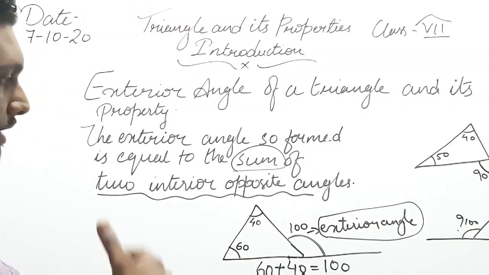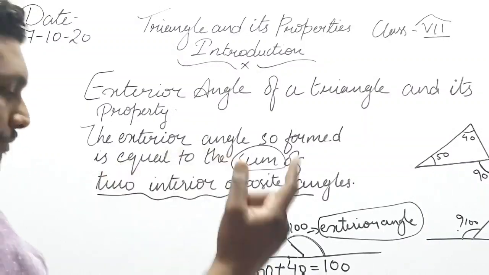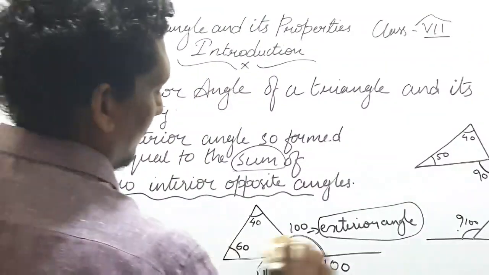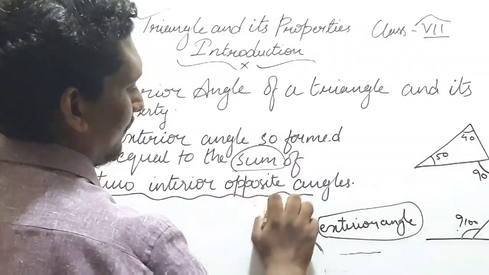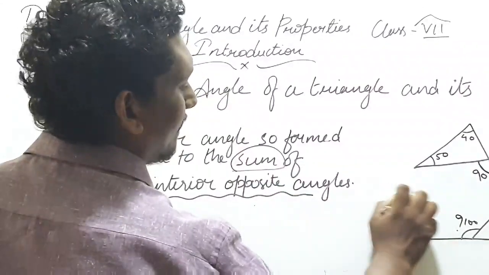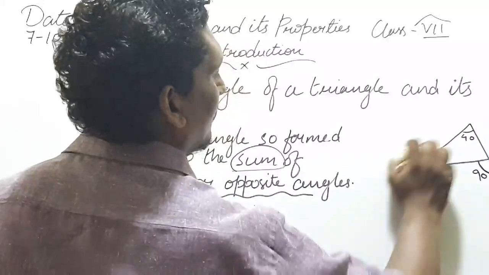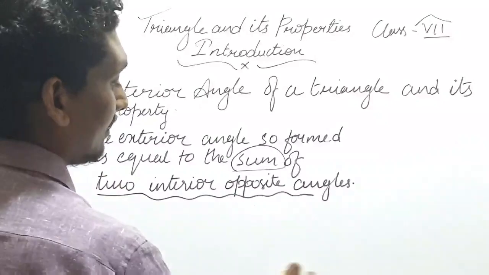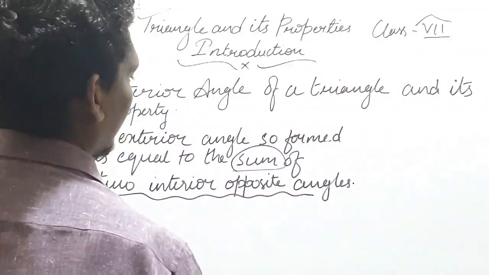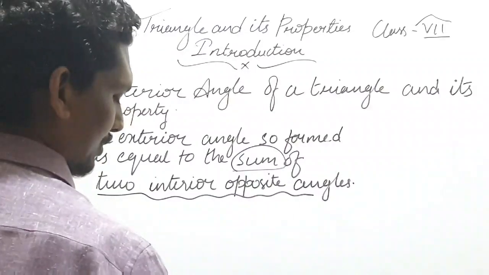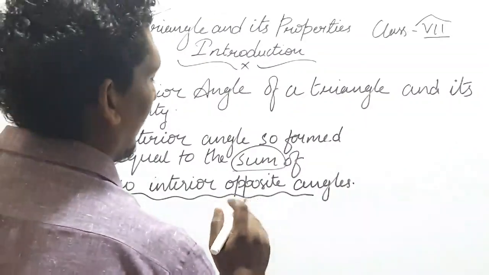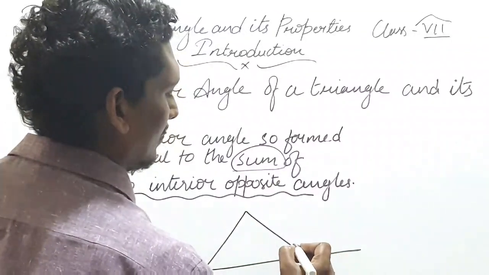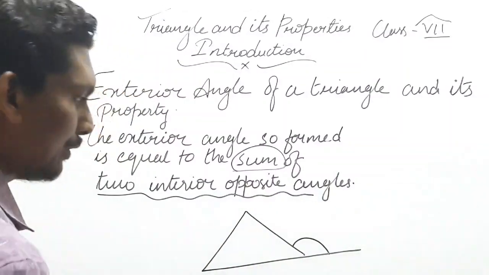And when we come to the properties, one more way is there, right? Just remember it. This is all about the exterior angle property, and now how to find the interior angle. That is also the same, but the question will be like this. In that type of question, the exterior angle will be given to you.